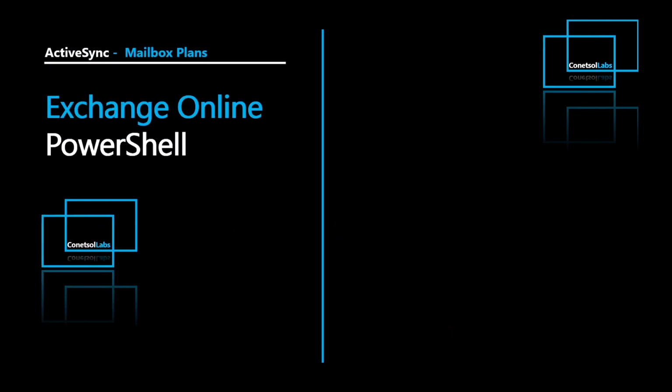Let's go through the PowerShell commands for mailbox plans. We will use PowerShell commands in our lab exercise to enable or disable the ActiveSync protocol for a specific mailbox plan or all mailbox plans. The Get-CASMailboxPlan cmdlet will return a list of all CAS mailbox plans in the organization.